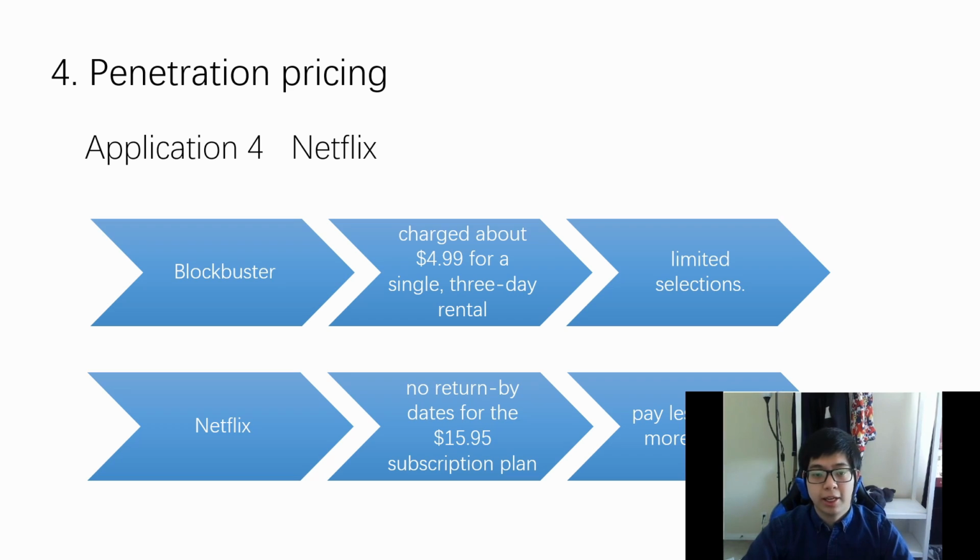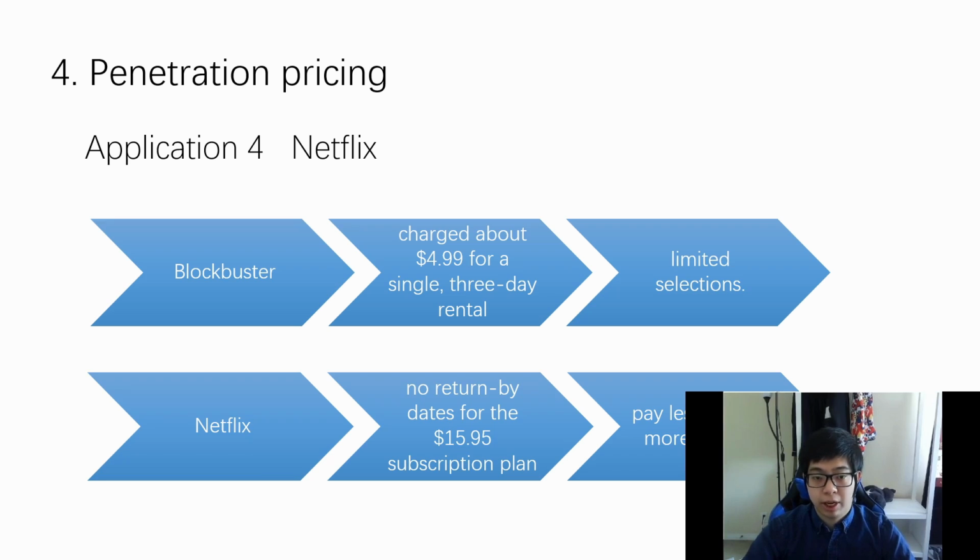In 2000, Netflix users could rent 4 movies at a time with no return-by dates for the $15.95 subscription plan. Blockbuster charged about $5 for a single 3-day rental. Compared with Blockbuster, Netflix users pay less and get more options.